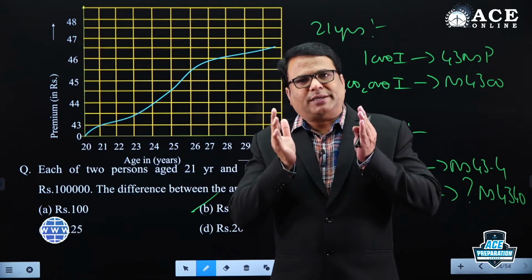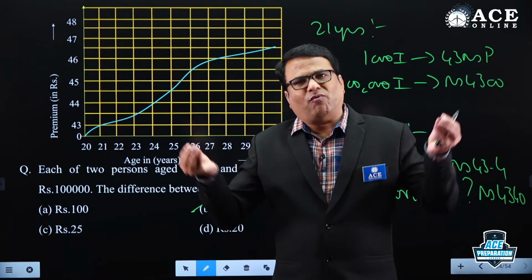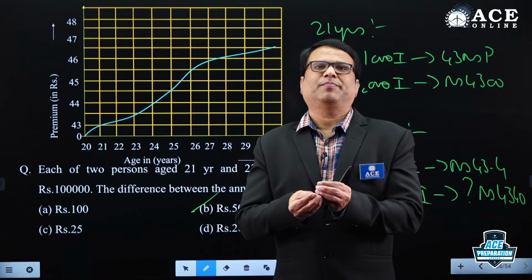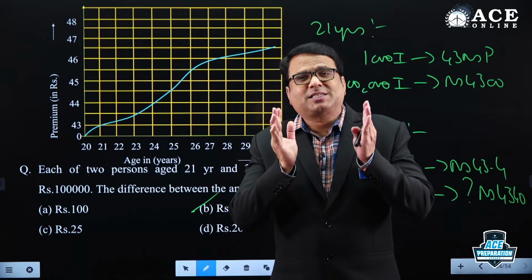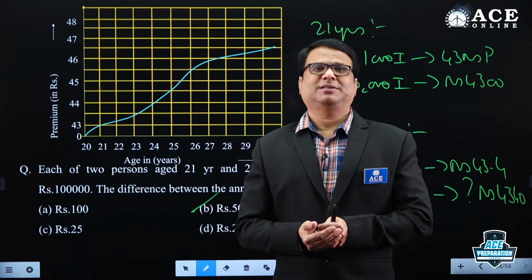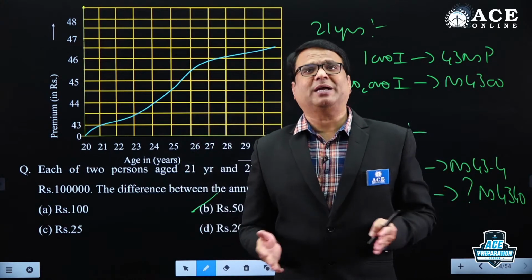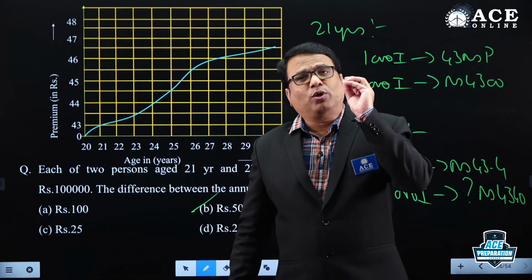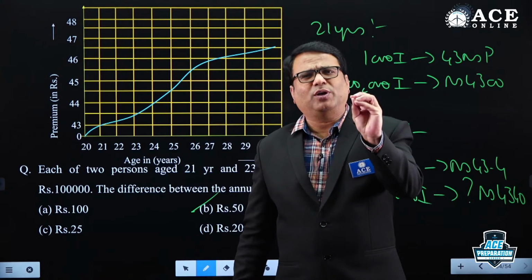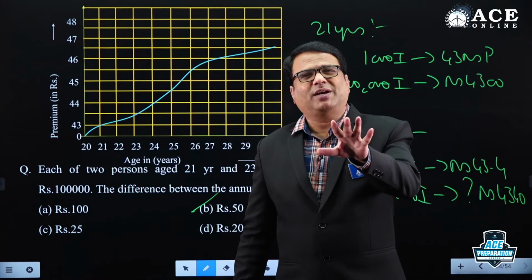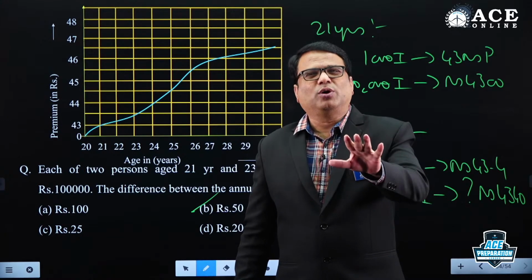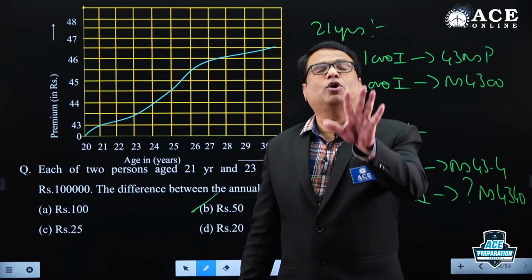Precise calculations are done only when the options are very, very close to each other. Make maximum use of the options, and don't calculate for all the data given in the graph. Calculate only for those years, or only for those things, which are given in the options.